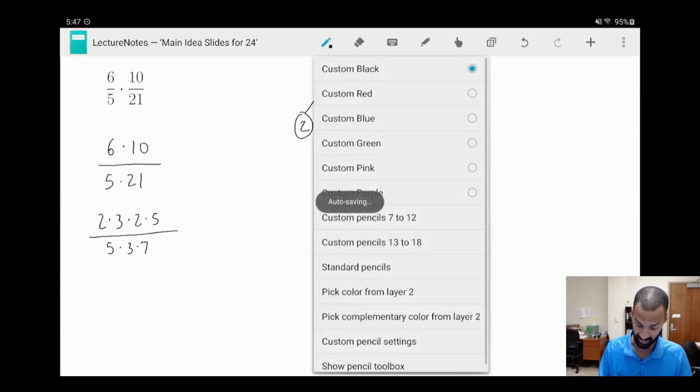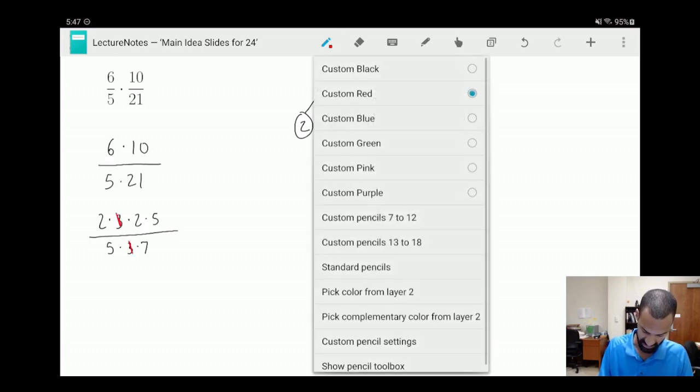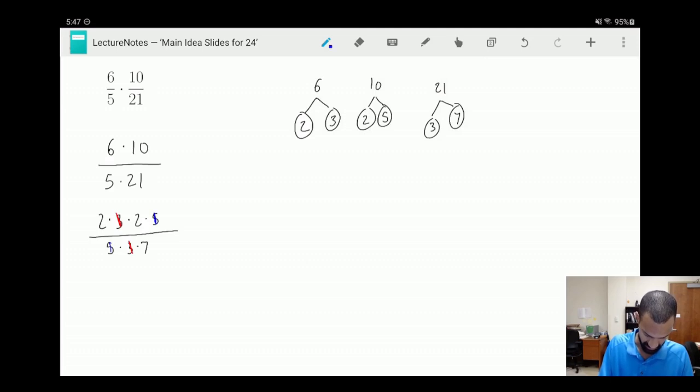So then I can go and divide things out. 3 divided by 3, those will cancel. Gives me some 1's. 5 and 5 also gives me 1. So the numerator now is 2 times 1 times 2 times 1. That comes out to be 4. The denominator is 1 times 1 times 7. That comes out to be 7. So we reduce the fraction.